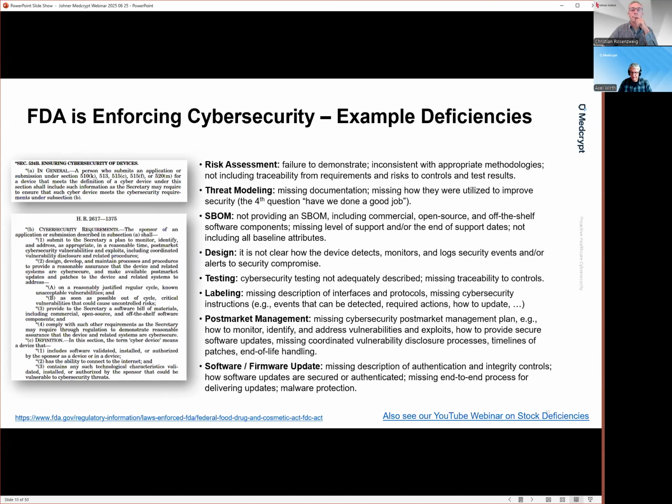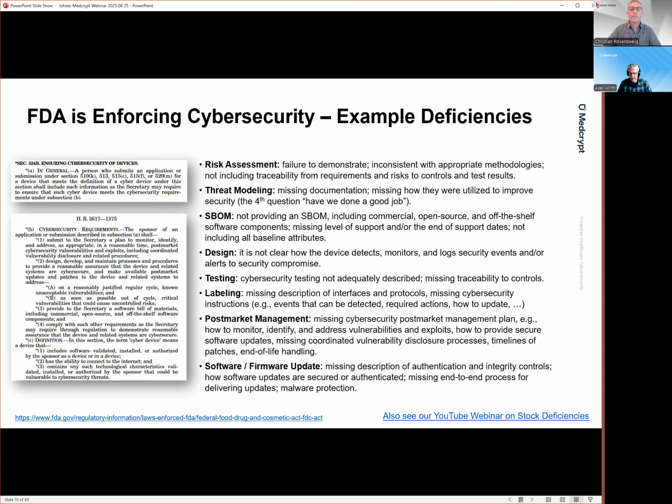And there are a couple of examples listed here: failures in risk assessment, threat modeling is missing, or it is inconsistent with other security documentation that was provided. Strong emphasis on SBOM and the need to list all commercial and open source software that is in the product, including then the vulnerabilities identified in those software components.